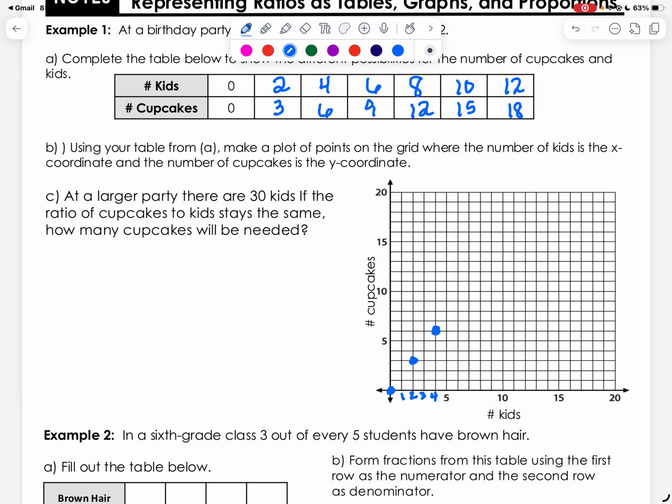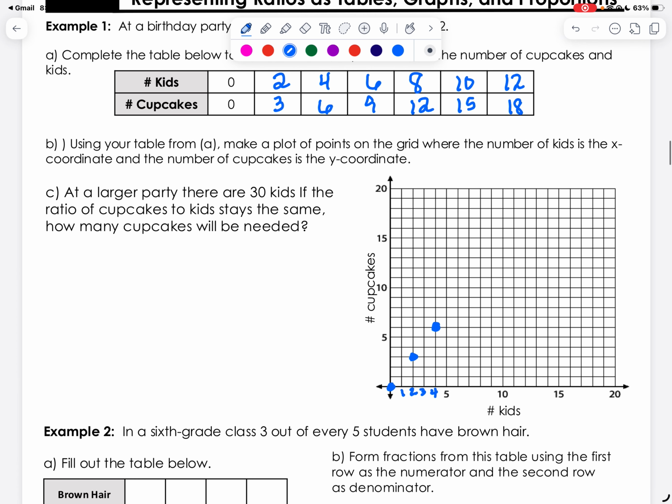All right, now we're going to plot 6 kids, 9 cupcakes. So 6 to 9 would be right there. Then 8 kids, 12 cupcakes. 10, 11, 12. Notice what's happening with the points here. 10, 15.